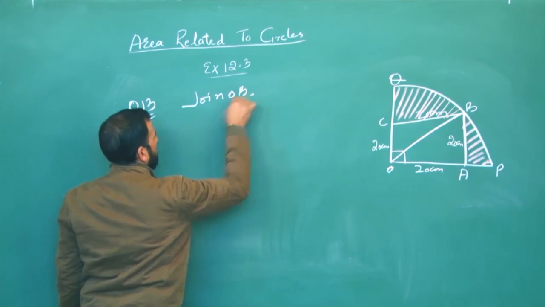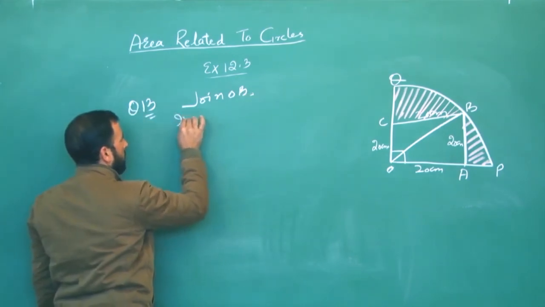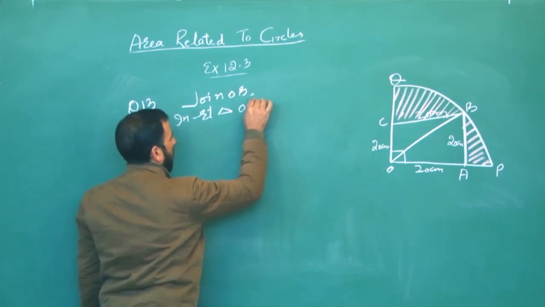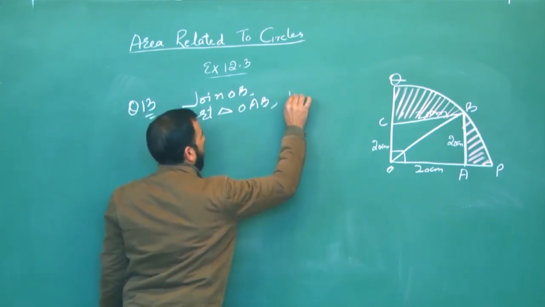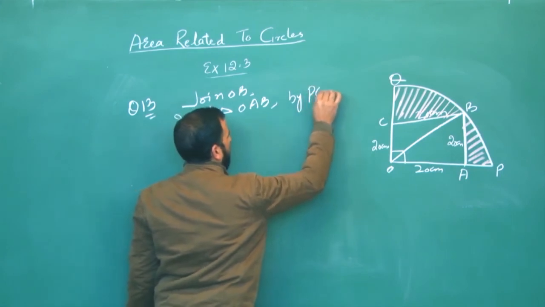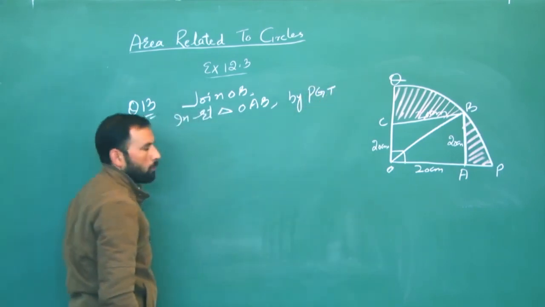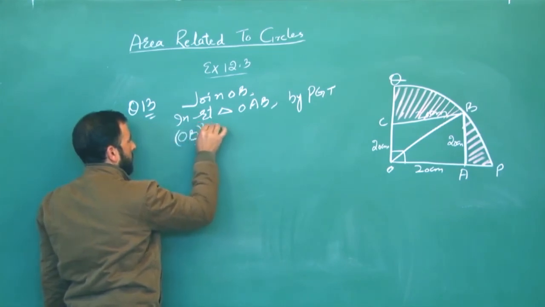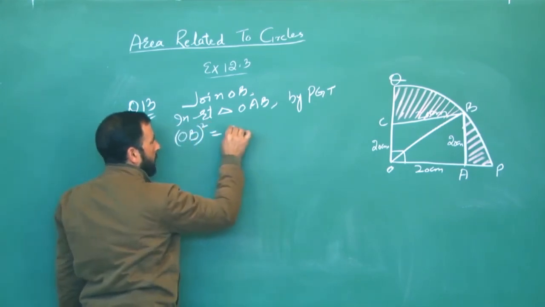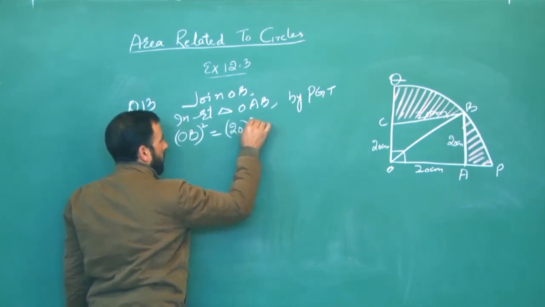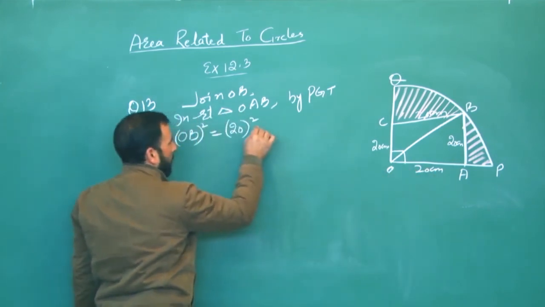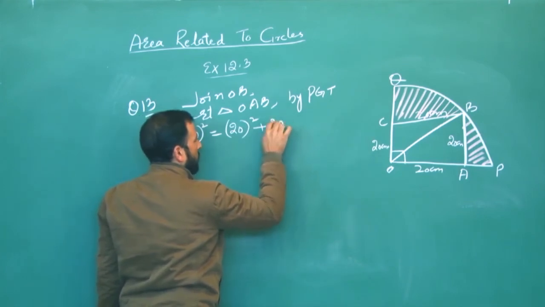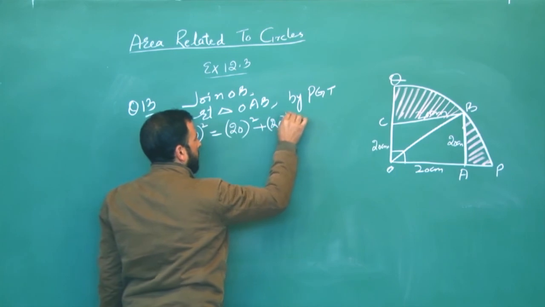So for question number 13, we have to join OB. Now in right triangle OAB, by Pythagoras Theorem, hypotenuse square, here OB square, is equal to base square, 20 square, meaning OA square, plus altitude square, AB square, it is also 20 square.